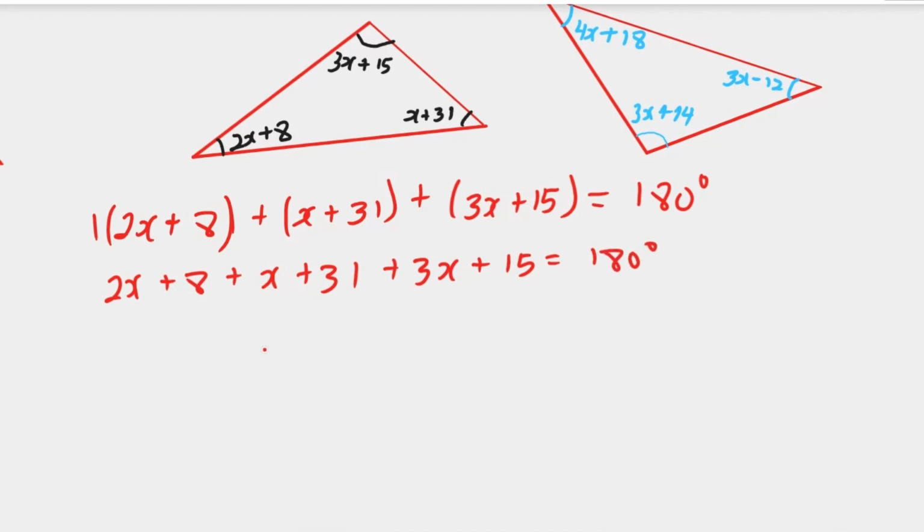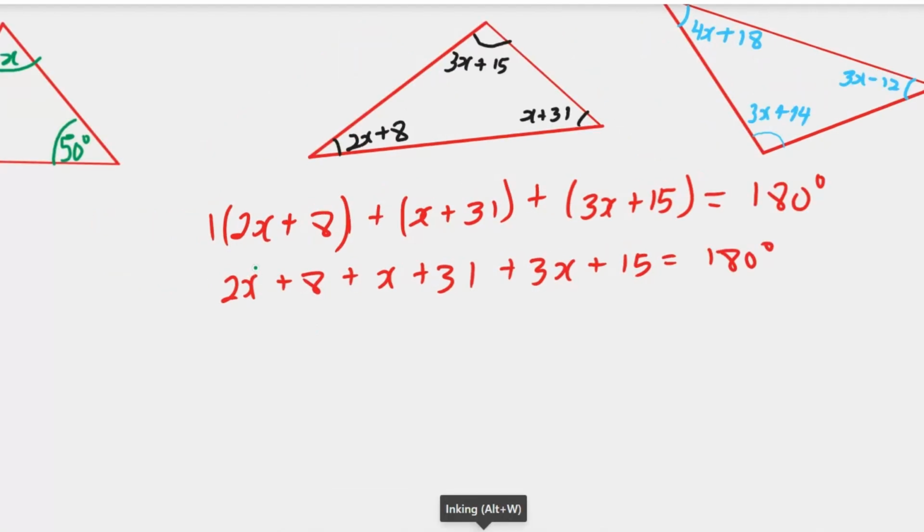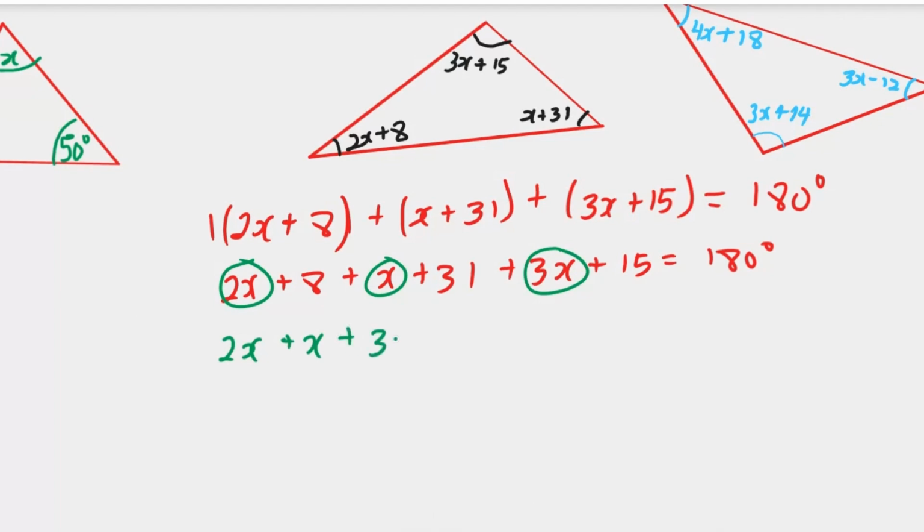So at this point, I have to collect like terms. We have some of them with x, so I'm going to group like terms here. You can see that this 2x, x, 3x, they are all like terms. So that's going to be 2x plus x plus 3x.